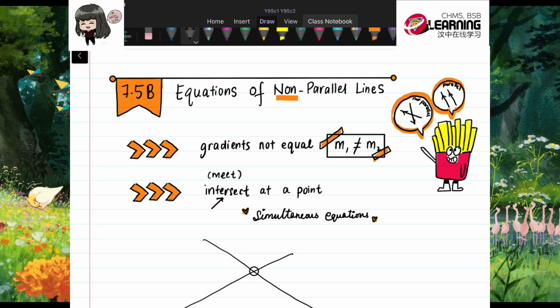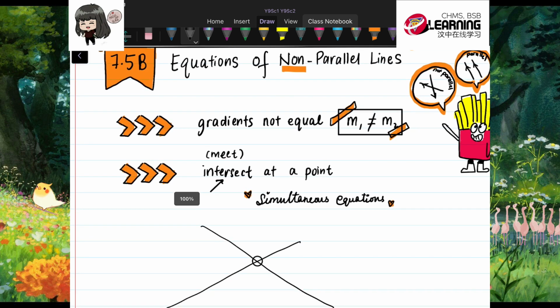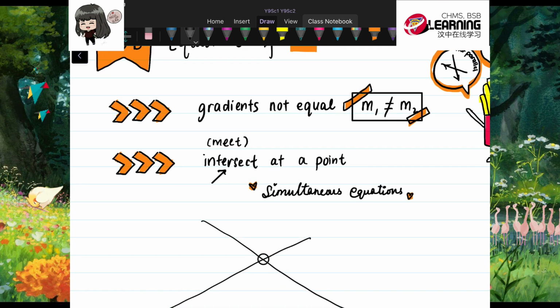They will definitely meet at one point only, and obviously the gradients are not equal because they are not parallel. If we solve these two equations using simultaneous equations, we get the coordinates of the point where the two lines meet.